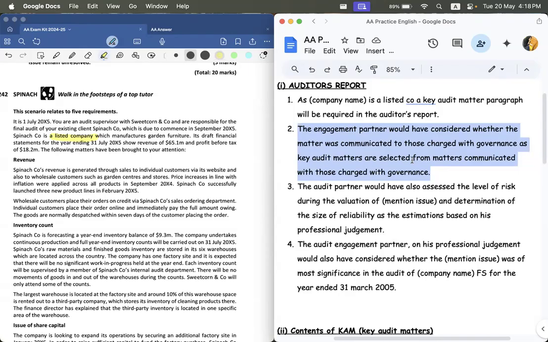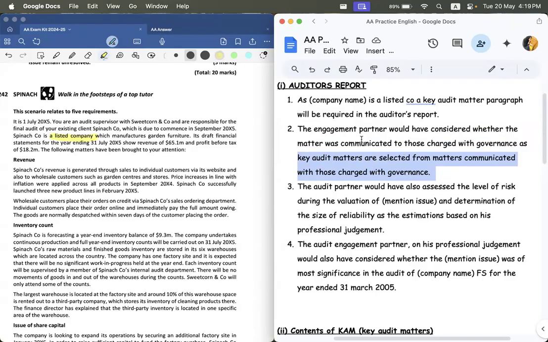Because for CAM, there is one and only condition: it should be picked from the communications that have been done with those charged with governance. Clear? So that is what they're mentioning here. It is considered whether the matter was communicated to those charged with governance. And why is that? Because key audit matters are selected only from matters which were communicated to those charged with governance.